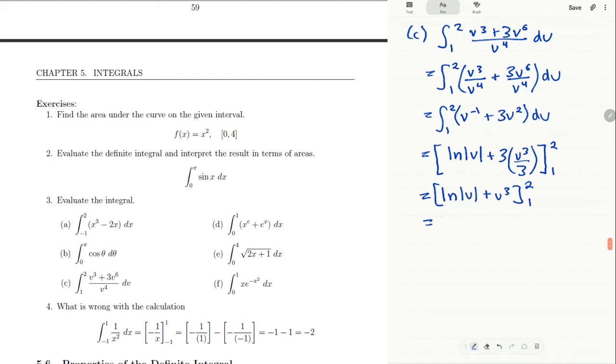So we substitute the upper limit, leaving us with the natural log of 2 plus 2 cubed. And then we subtract the evaluation at the lower limit. So that's the natural log of 1 plus 1 cubed.